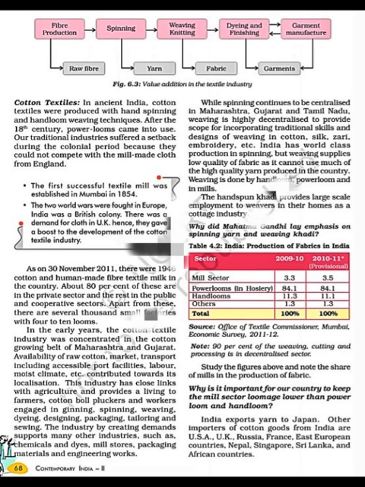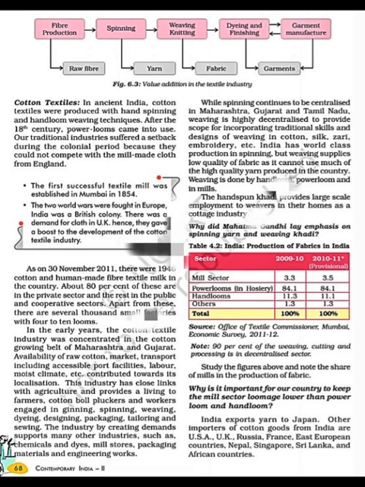And the design of weaving varies for cotton, for silk, zari, embroidery. So these artisans, all these weavers, are sitting in different parts of the country. India has world class production in spinning, but weaving supplies low quality of fabric as it cannot use much of the high quality yarn produced in the country.